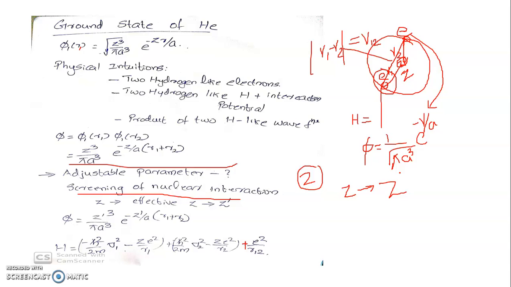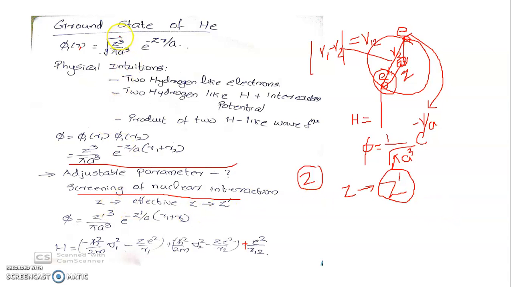Rather than atomic number, I must tell you nuclear charge. And this parameter is taken as the adjustable parameter as far as the application of variational method to the case of helium atom is concerned.